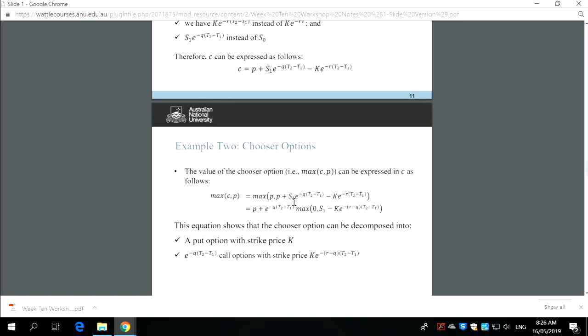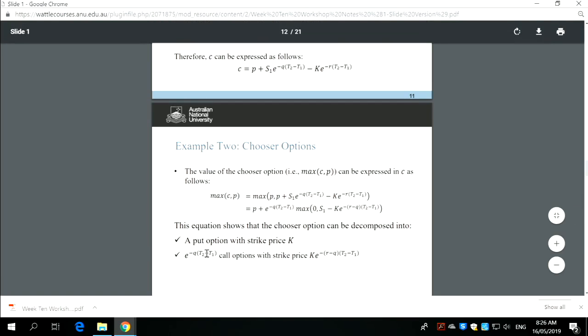And then we recognize on the right-hand side of the equation there's a common component, which is e to the power of minus q times (t2 minus t1). We can single out that, and reorganize it outside of the brackets. So basically, we have this expression here, which is quite similar to the part one question.